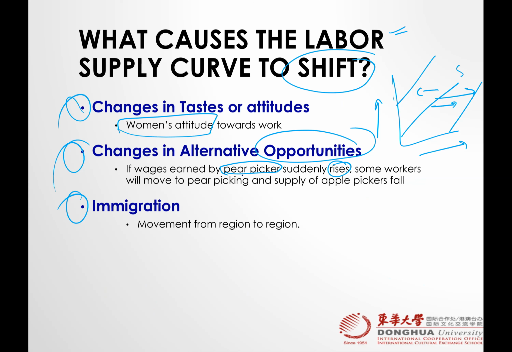Approximately the same type of labor is needed over there. So some workers will move to pear picking, right? Because apple pickers find it lucrative to work in pear picking, so they go over there and earn a good salary. So the supply of apple pickers falls.